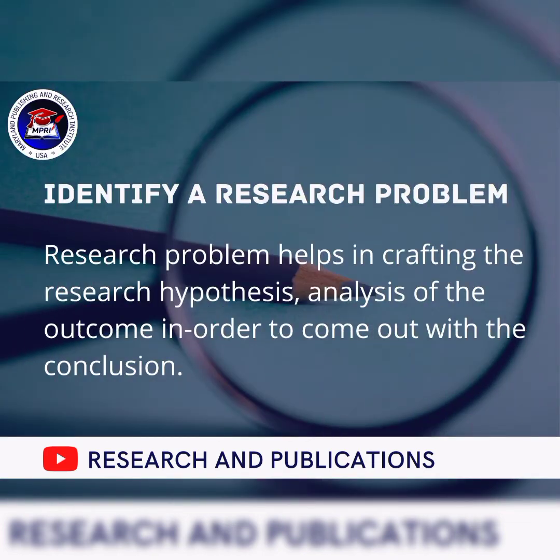However, the problem of the research serves as a direction for the researcher in crafting the research hypothesis, analysis of the outcome of the research, so as to come out with the appropriate research conclusion.